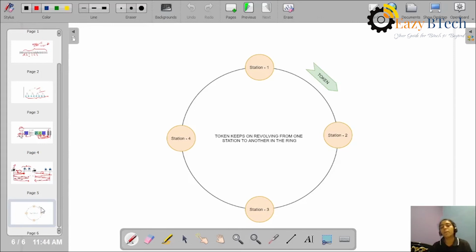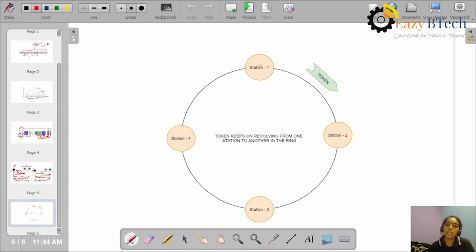What is the purpose of a token ring? To eliminate collisions. The channel will be allocated to a particular station; only one station can use the channel at a time. The token ring concept is used to control that channel access.